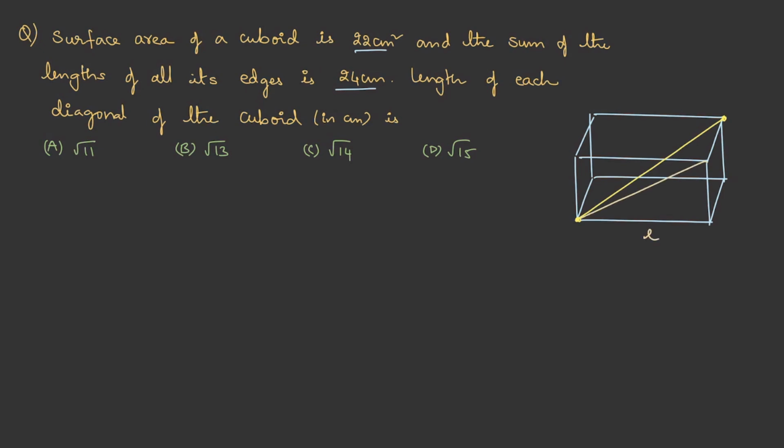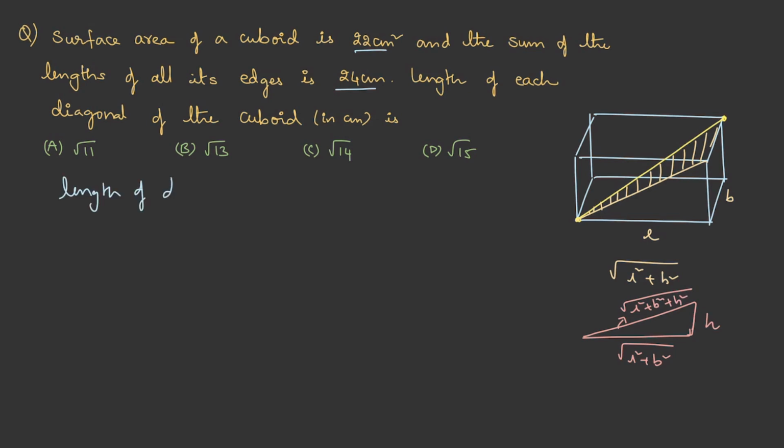If this is the length and this is the breadth, we already know using Pythagoras theorem, the bottom will be root of L square plus B square. Now again, this becomes a right angle triangle. Let me draw it outside. This is a triangle where the base is root of L square plus B square and the side or the height is h.